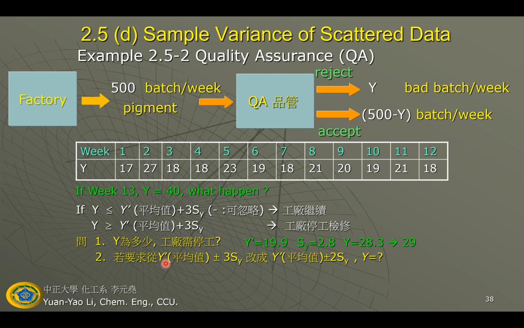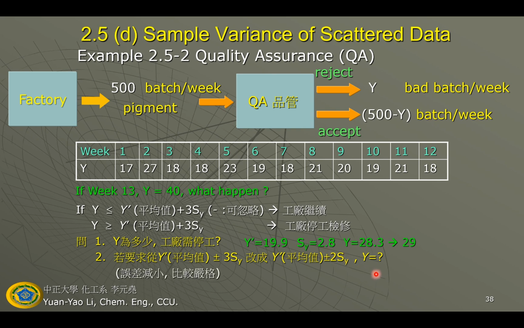Okay, question 2 is, if I want a higher standard, that means 29 is too high. I want to reduce the number. I want to reduce from 3 standard deviation to 2 standard deviation. So what is Y? So it's 19.9 plus 2 times 2.8 standard deviation, right?